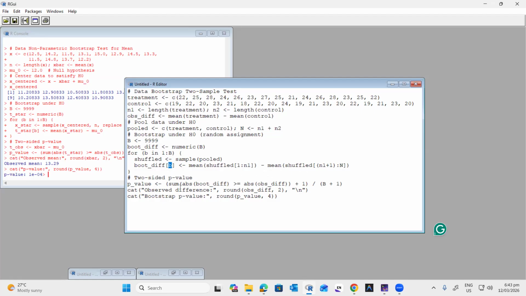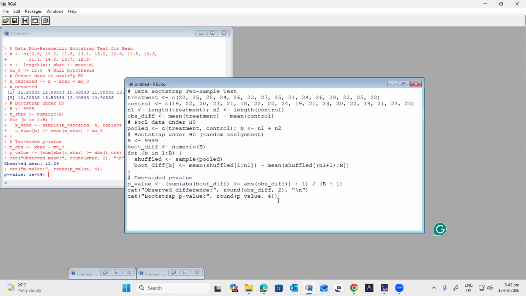In that one, the absolute boot difference greater than or equal to the absolute observed difference creates a logical vector indicating which bootstrap differences are at least as extreme as the observed difference in absolute value, and again plus 1, you already know that I described it a number of times. So the result is the estimated probability under H naught of observing a difference in mean whose absolute value is at least as large as the absolute observed difference.